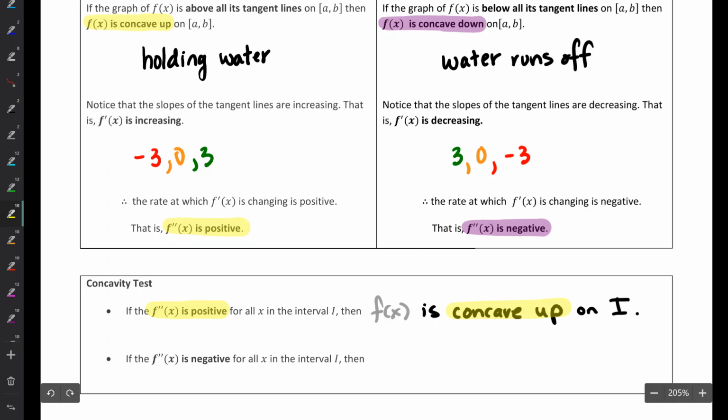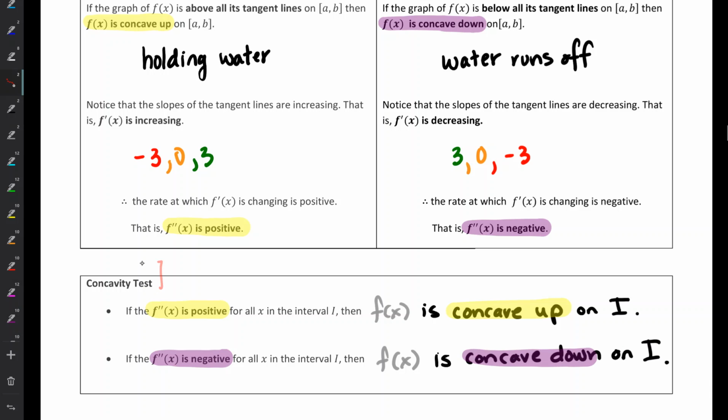If the second derivative is negative for all x on some interval of the domain, then that function is concave down on that interval. So the concavity test is used to figure out if a function is concave up or down.